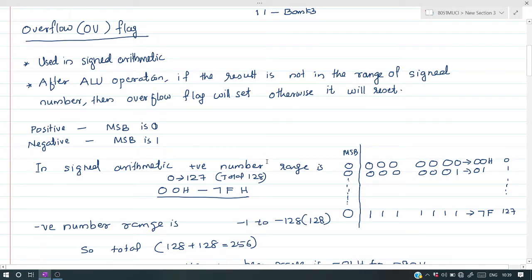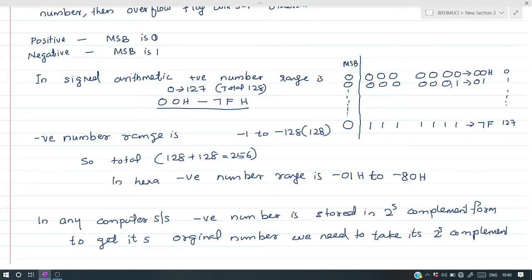That means the overflow flag under this condition is 0, reset. During signed arithmetic, if the result goes beyond this range, the overflow flag will be set to 1. Another important thing about negative numbers is that all negative numbers are stored in 2's complement form in a computer system. So to obtain the corresponding positive number, we need to take its 2's complement.